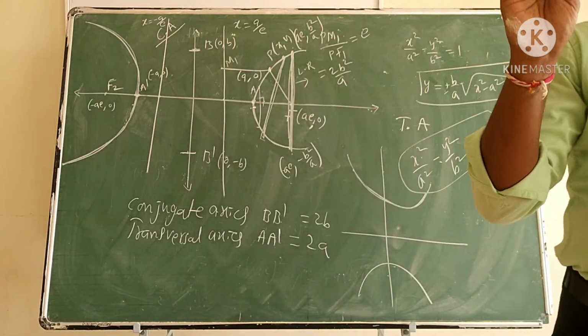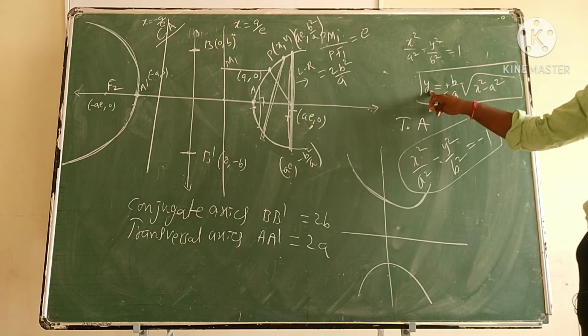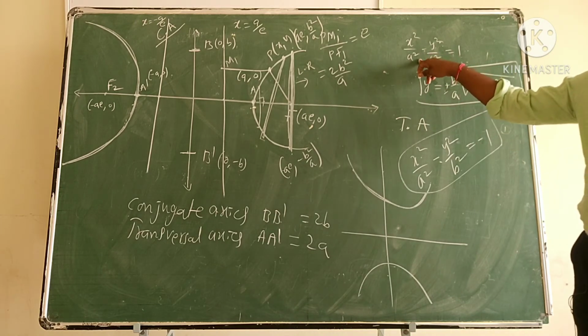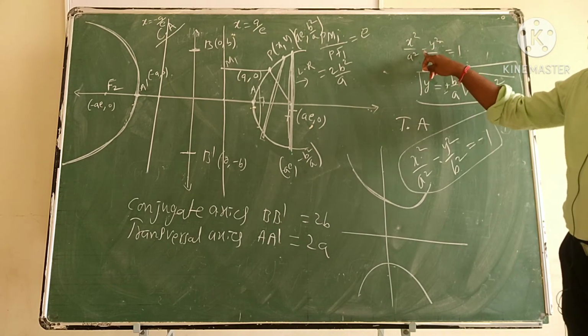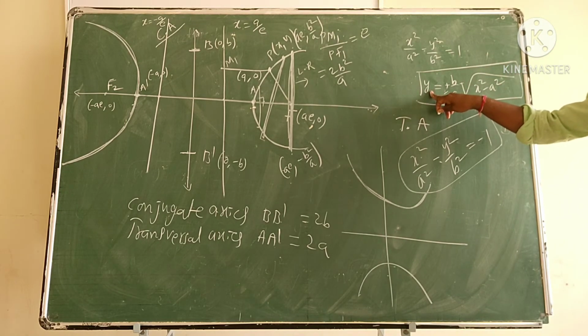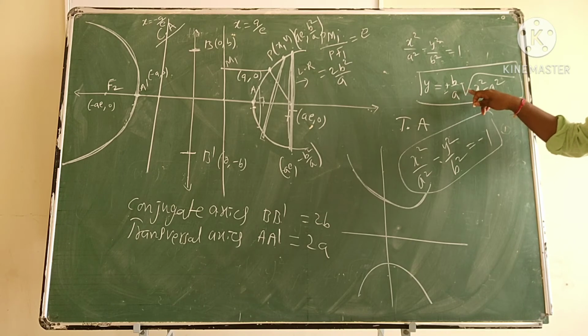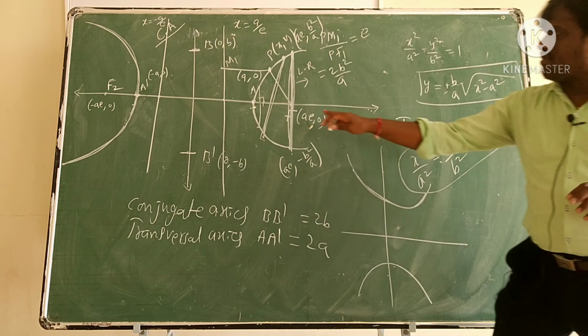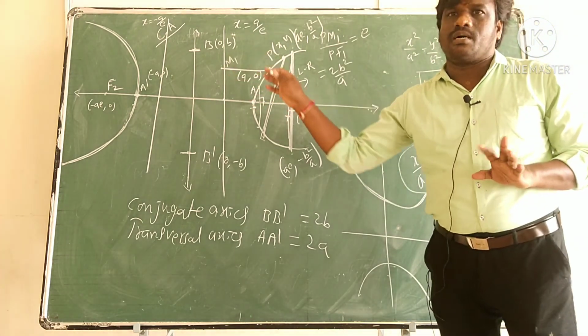When you are doing area under the curve, at that time you can use this. If the hyperbola is given as x square by a square minus y square by b square equal to 1, then if you make y the subject, you get y equal to plus or minus b by a under root of x square minus a square. One more thing, listen here. Thilak, you asked why x exists only for certain values.